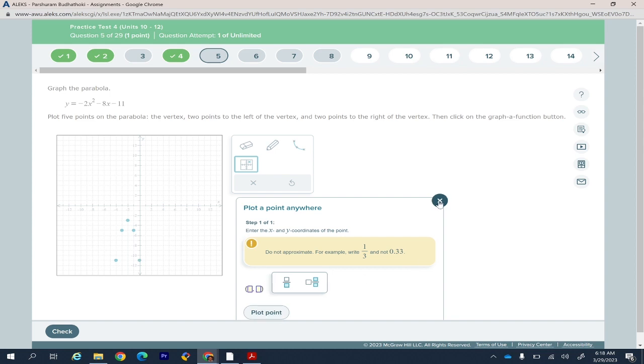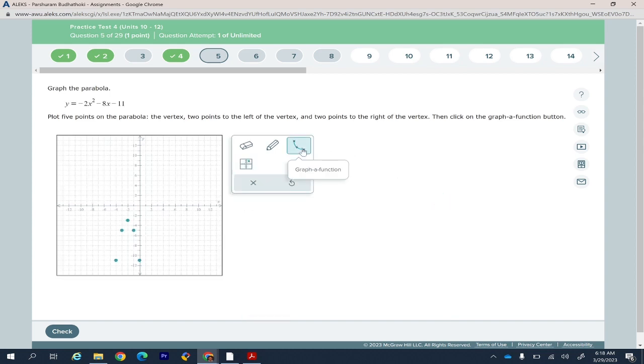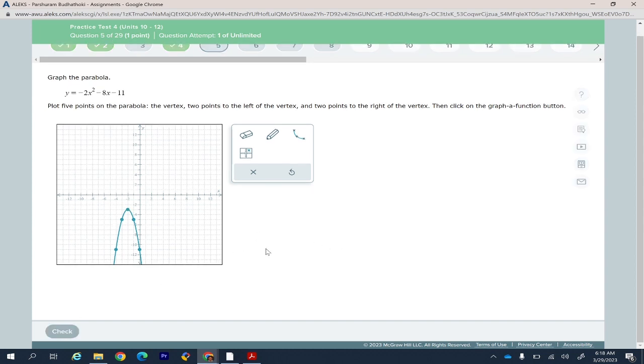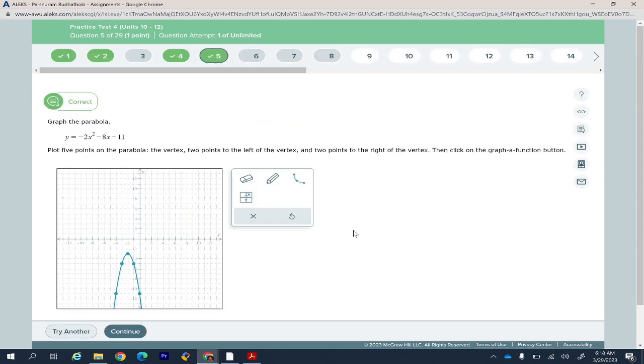So plot it. After that, just choose the graph, click it here, facing down, everything done. Okay, so that's number 5.